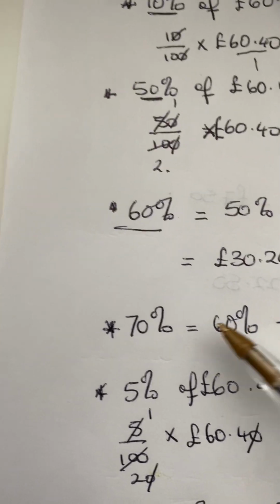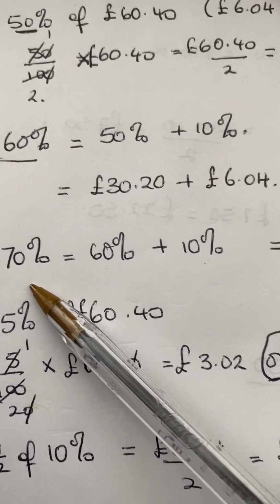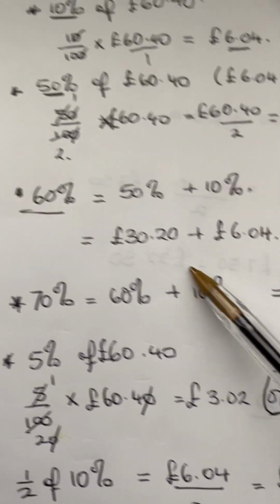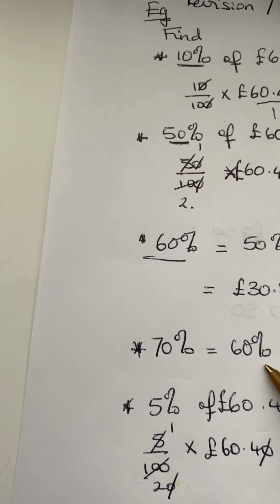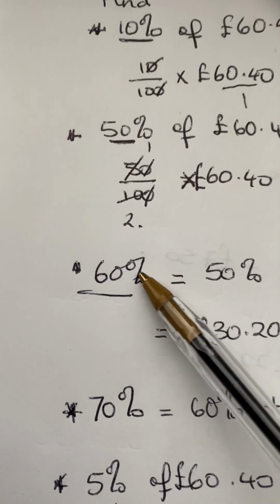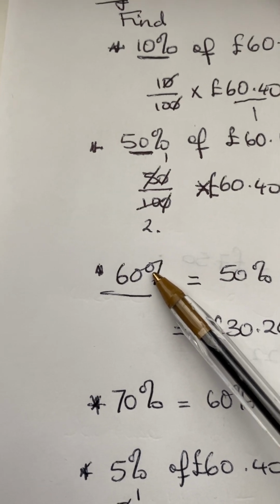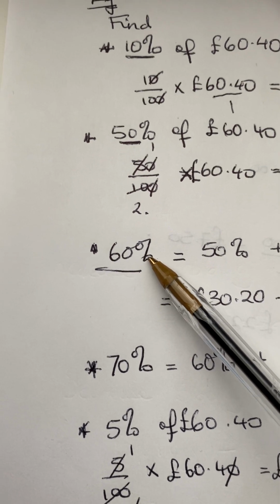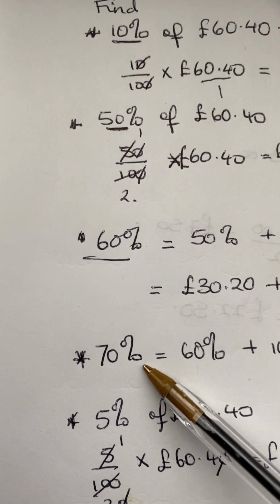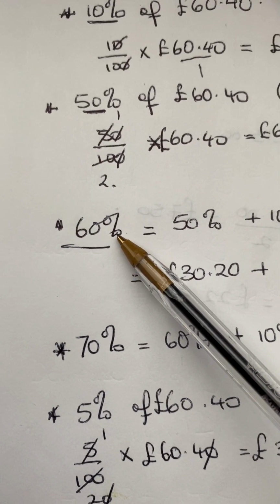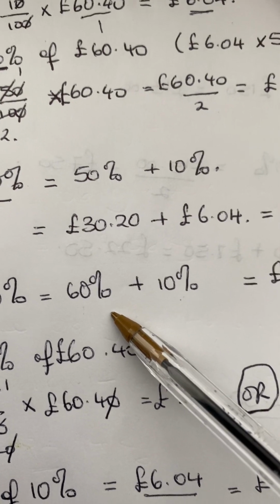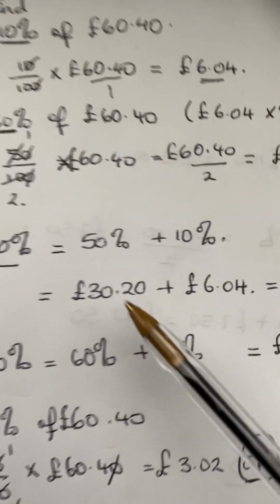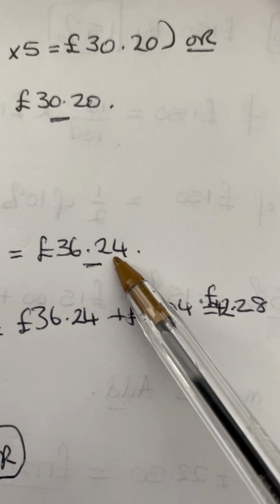Now, assuming they ask you to find 70%, you already know what 10% is, and you've done 60%, but you don't know what 20% is. So the approach you can use here is 60 add 10. You've already done 60 in the previous one.